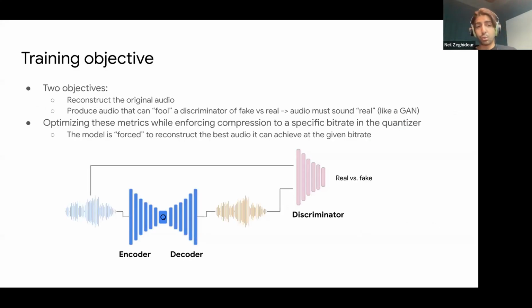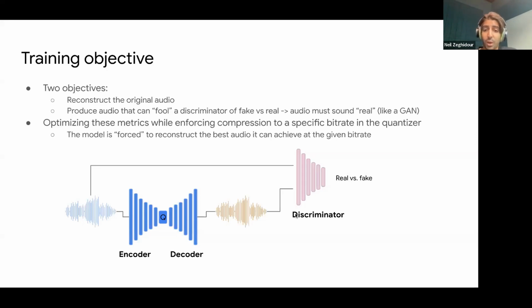So now I want to talk a bit about the training objective. So basically, SoundStream is kind of a generative adversarial network, which means that it has 2 objectives. The first one is reconstructing the original audio using mean absolute error or mean square error. So very simple reconstruction loss. The second loss is based on a discriminator.